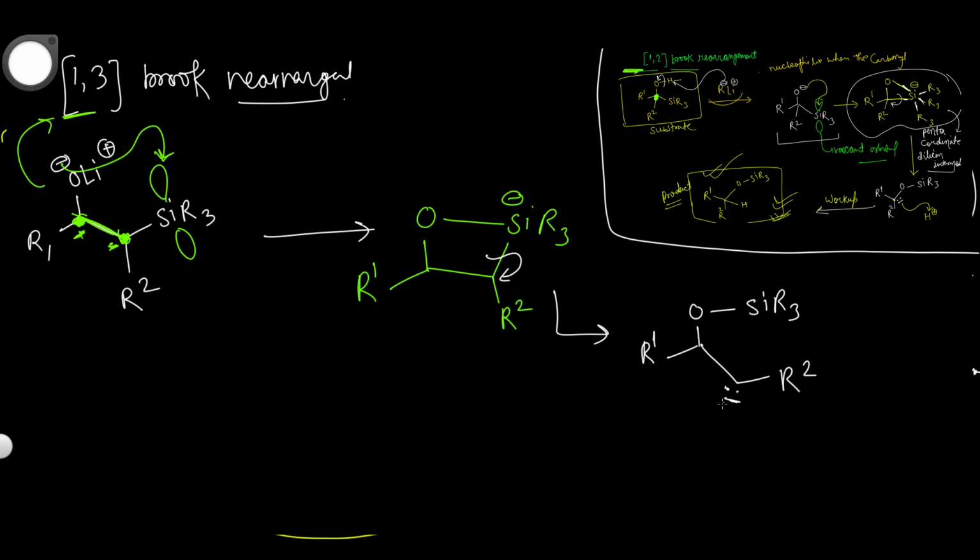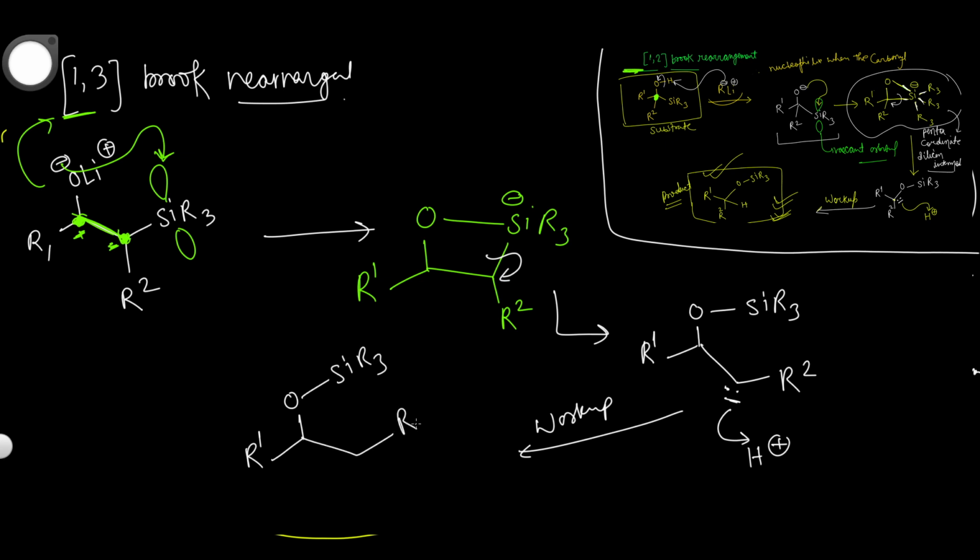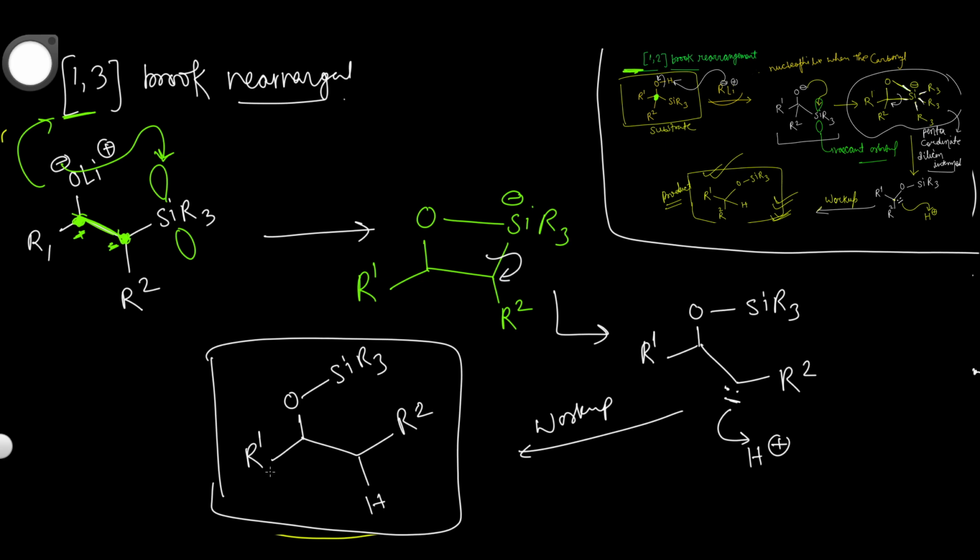And this carbanion, just do a workup here, and after this workup, this negative charge will take this proton and it will become like this OSiR3, and we have here R2, and we have here H. This is our final product of the 1,3 Brook rearrangement. Okay, so till now this is the product.